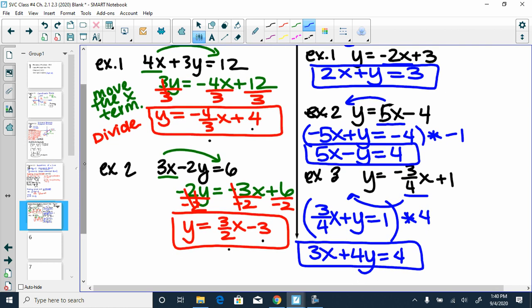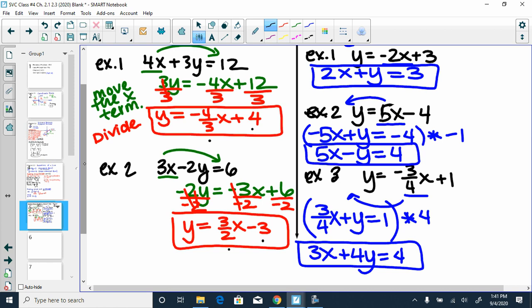Because all the ones over here in blue are real easy to find x and y intercepts. All the ones here in the red are very easy to find slope and the y-intercept at least. Okay, so that's kind of the idea. We're going to see a little bit more of that later because we will have to convert to find some things.